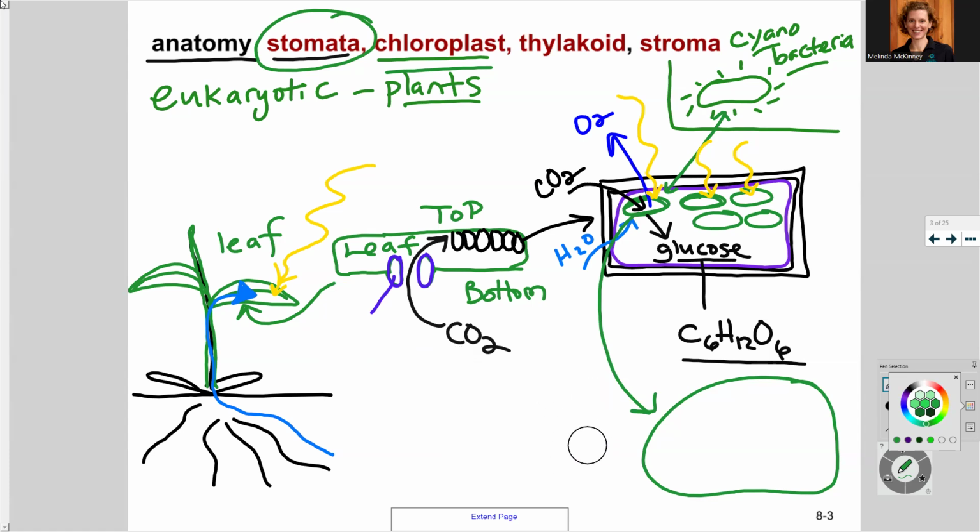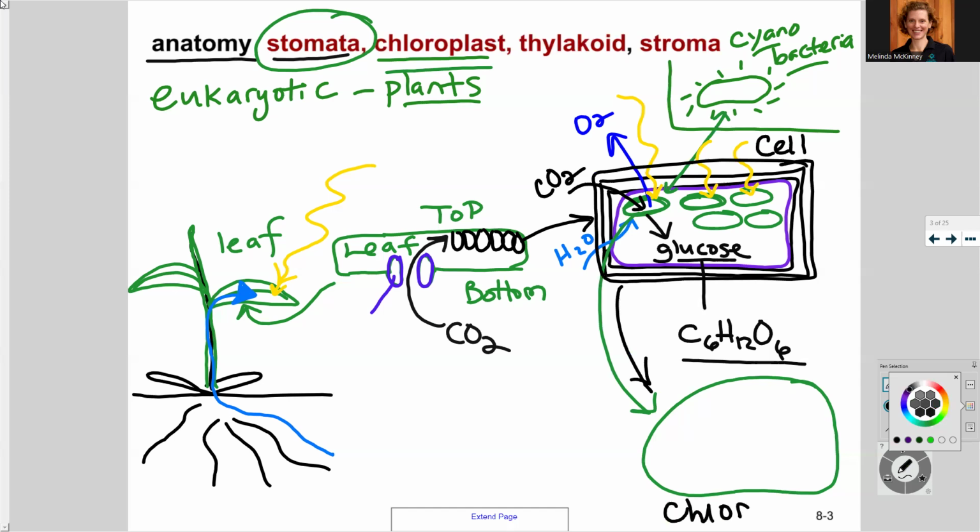Often what happens is I draw a chloroplast and people think, oh, that's the cell. But no, this is in the cell, right? So this black thing here is the cell, and this thing here is the chloroplast. There are many of these, multiple of them within a single cell, okay?